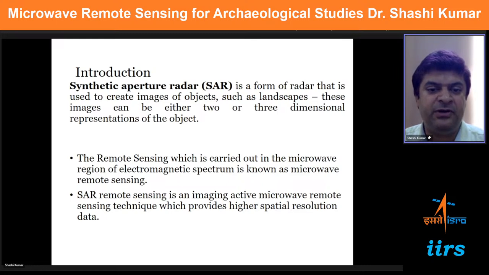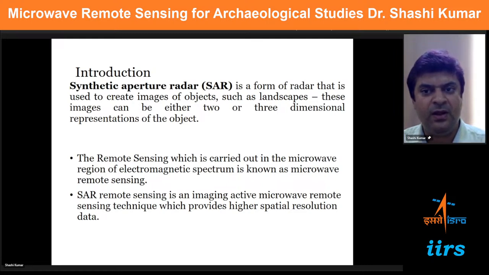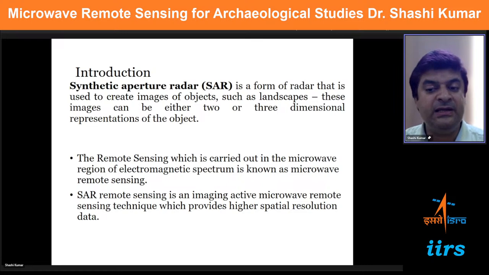This microwave region has wavelengths ranging from 1 millimeter to 100 centimeters. Synthetic aperture radar remote sensing is an imaging, active microwave remote sensing technique which provides higher spatial resolution. We have already seen higher to coarser spatial resolution datasets, particularly for the Angkor area.